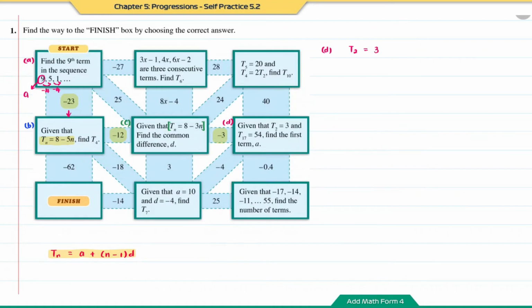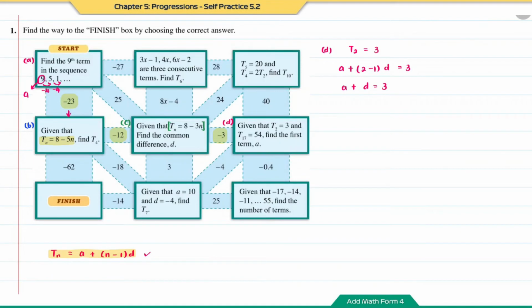To find T2, we're going to use the formula here. A plus, the n here will be 2 minus 1, D. Then we'll get the answer of 3. If I simplify this, I'm going to get A plus D equal to 3. So this is the first piece of information.